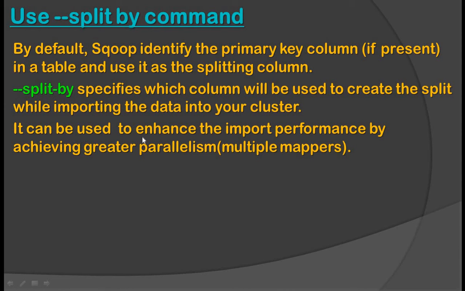It can be used to enhance the import performance by achieving greater parallelism. We are going to divide data into multiple mappers. So what does split-by do? Split-by only divides data between different mappers. Split-by divides data amongst the mappers.